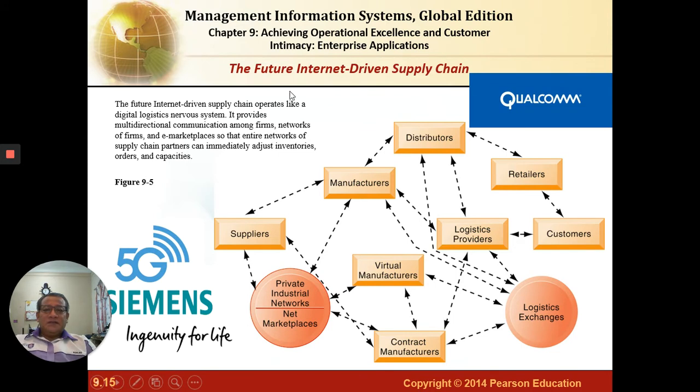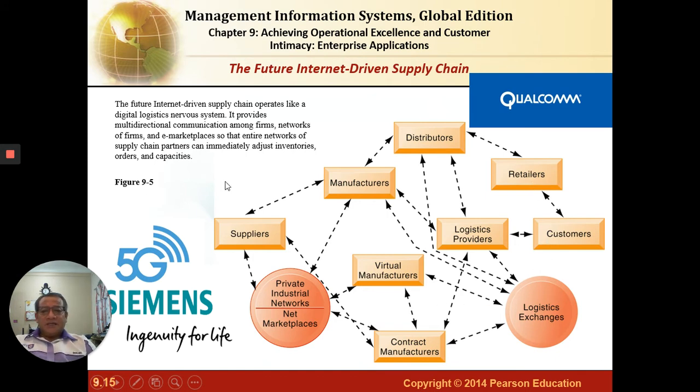In future, it is more towards internet-driven supply, in which the supply chain management is handled, managed, and controlled by the internet. For example, Siemens is a big German company producing IT products. Siemens normally has its own private industrial network. Siemens already has its list of suppliers, its own factories, its own distributors, retailers, customers, and so on.